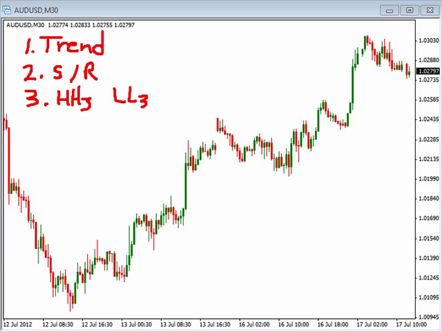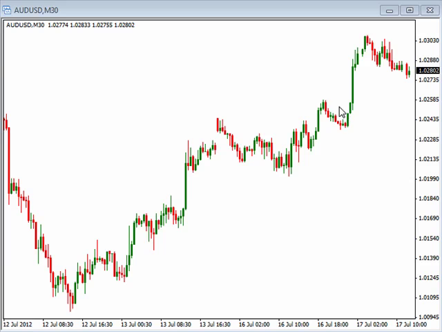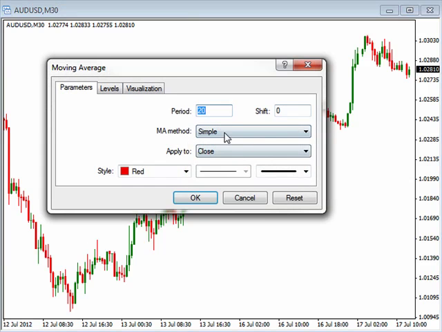So let's walk through this briefly and look, first of all, at the trend. This is pretty clear that the trend is currently moving up on this time period. But I'm going to put in here just a 40-period simple moving average.